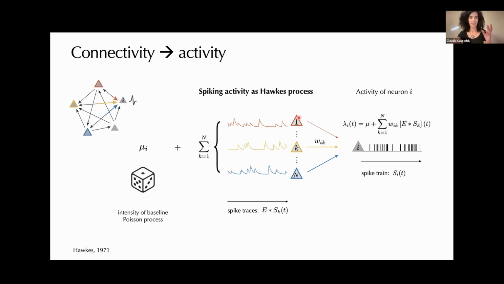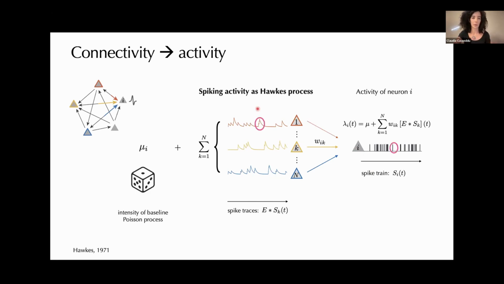To see how connectivity exactly influences activity, we can consider, for example, the connection from the red neuron to the postsynaptic neuron i. We see that if there is a low weight from the red neuron to i, then the activity of the postsynaptic neuron will be barely affected by the red neuron.